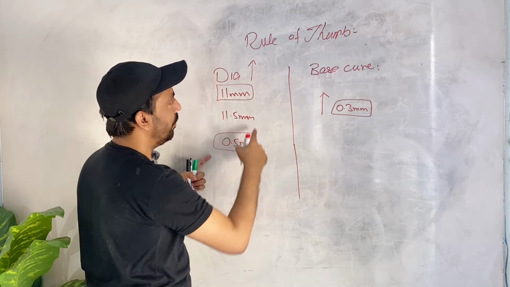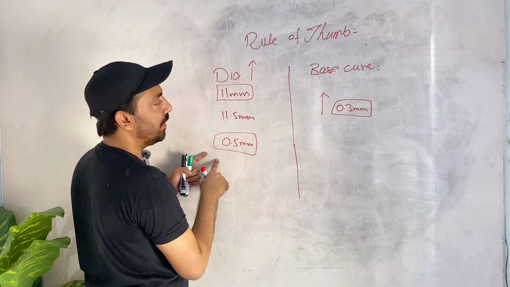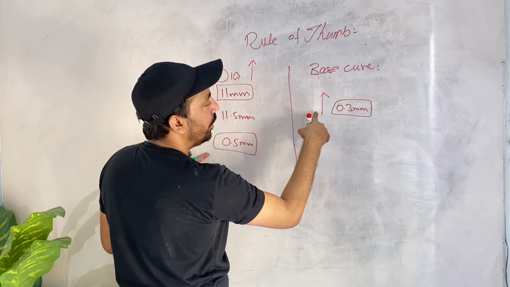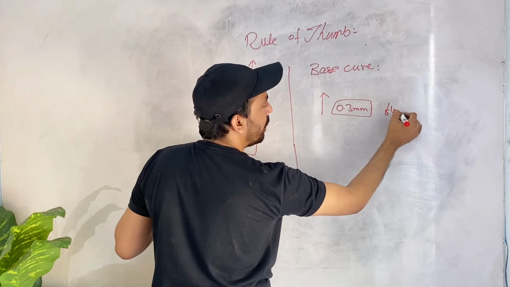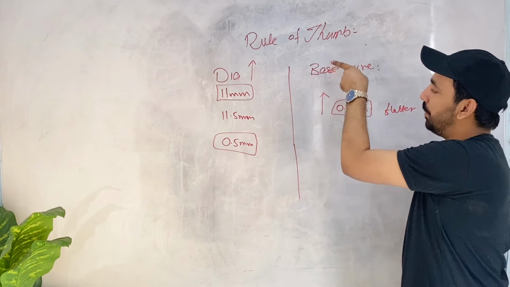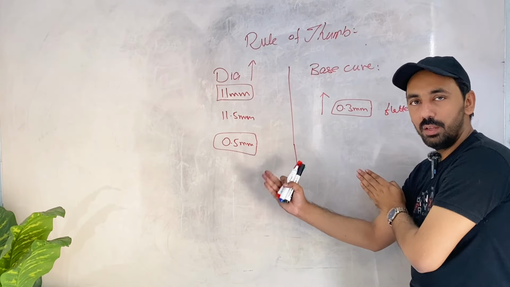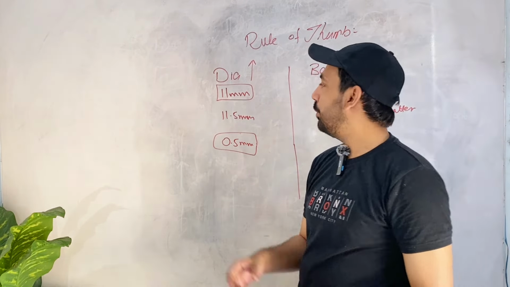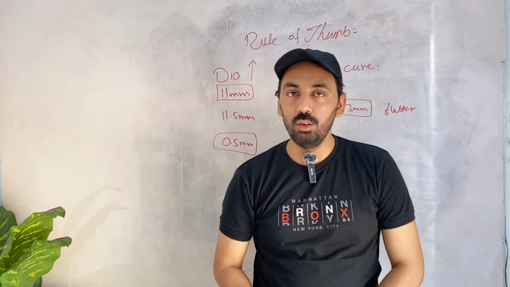You know very well that whenever you increase the diameter, your lens will be more steeper, right? And when you increase the base curve, your lens will be more flatter. So in this case, increasing the diameter, your lens is getting steeper. By increasing the base curve, your lens is getting flatter. So this is actually neutralizing each other, right? So you have your desired diameter, but there is no steepening or flattening of the contact lens.